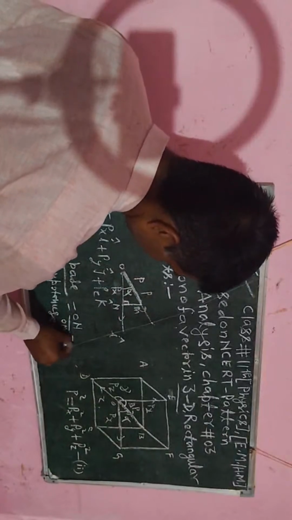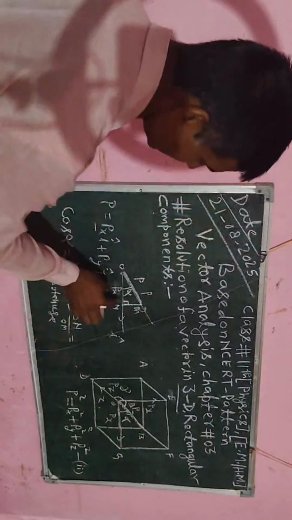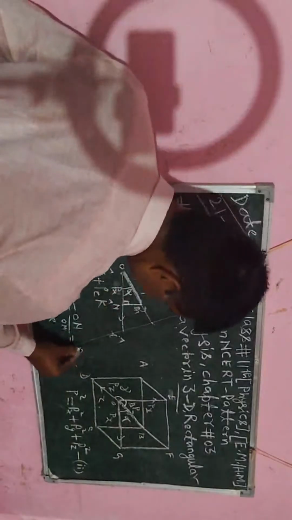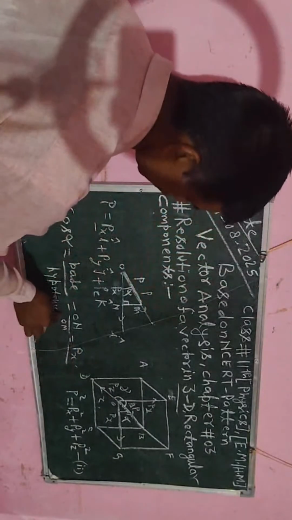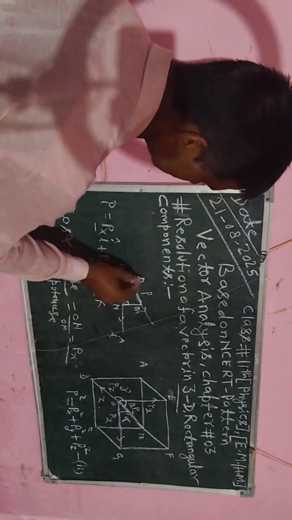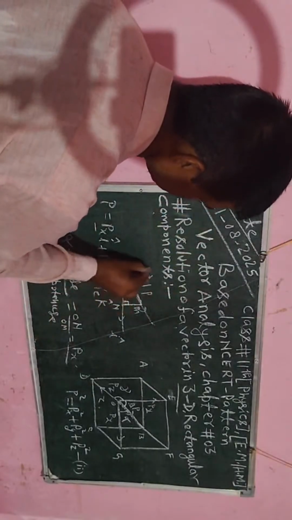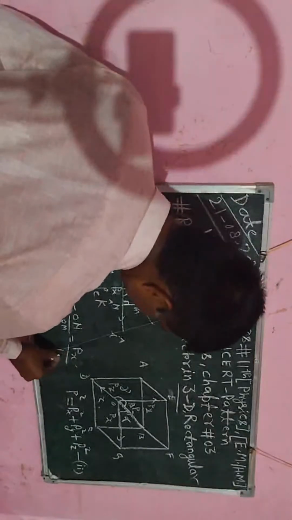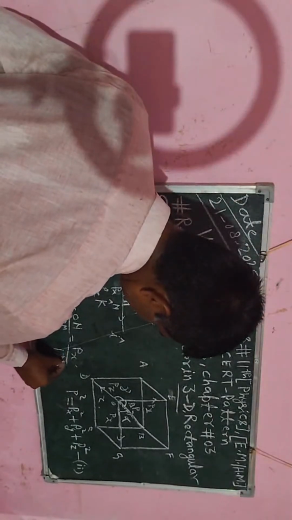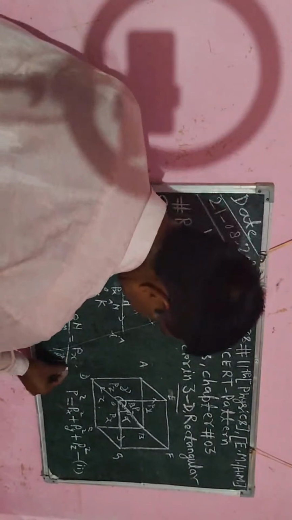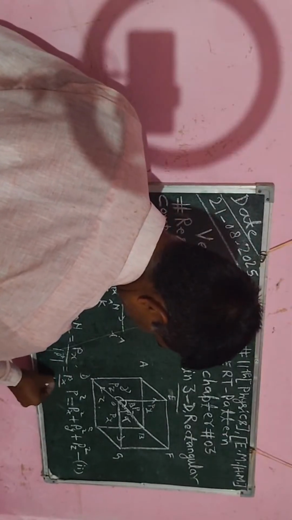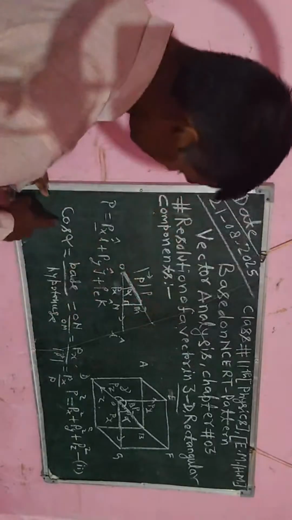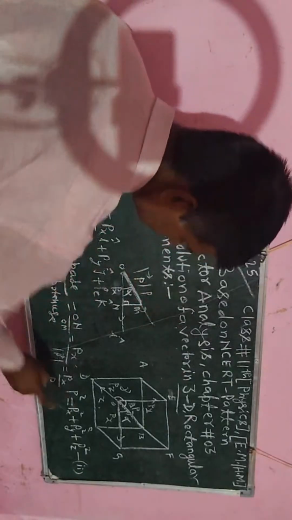So the length of ON is px, and OM is the magnitude of the vector p. So p can be written as p suffix x divided by p. So cos alpha equals px divided by p.